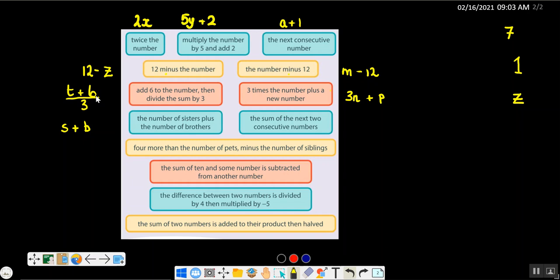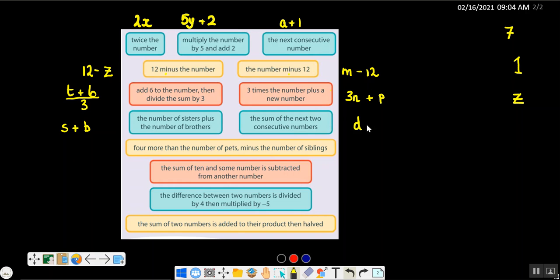I write my 6s differently. The sum of the next two consecutive numbers. Yes, David. b plus 2. b plus 2 plus b plus 1. b plus b plus 1. The sum of the next two consecutive, what's the next number?